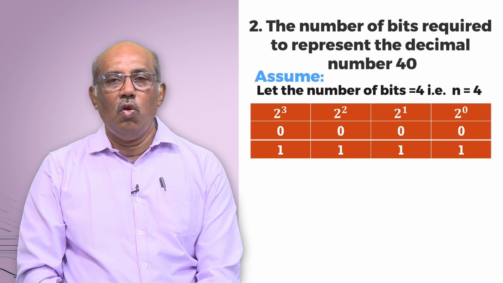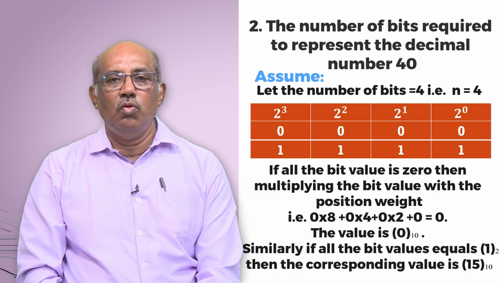Now, we assign all the bit values as the binary number 0, and as discussed in the previous question, if we multiply the bit value with its corresponding positional weight, we know that 0 into 2 raised to 3, that is 0 into 8, is 0, plus 0 into 2 raised to 2, that is 0 into 4, is again 0, plus 0 into 2 raised to 1, that is again 0, and 0 into 2 raised to 0 is again 0, and if we add up, it will come to 0.